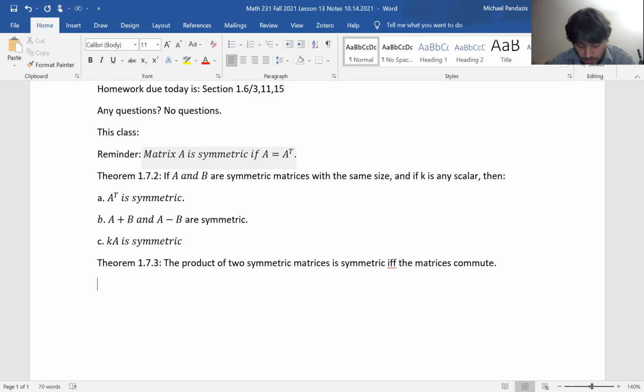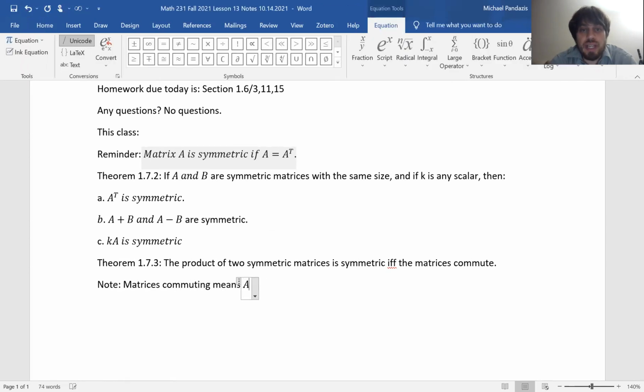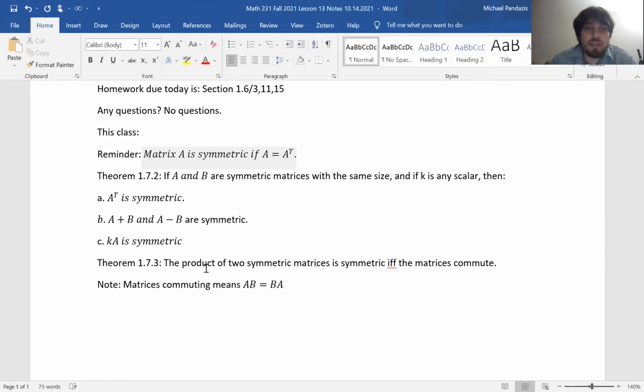Okay, so matrices commuting means that AB equals BA, right? So when you say that matrices A and B commute, it means that AB equals BA. So the statement AB equals BA is equivalent to saying the product of two symmetric matrices is symmetric.